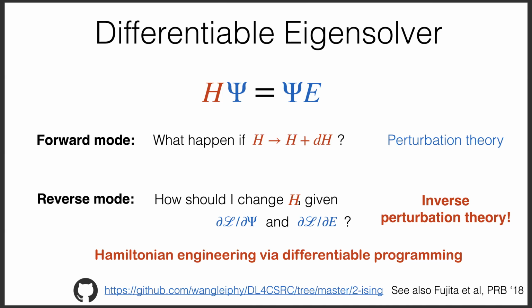Meaning, how should I change my Hamiltonian so I can tune the loss function? I call this inverse perturbation theory because clearly it's closely related, but it's not the same thing, because when you look into the formulas, they look like a dual version of ordinary perturbation theory. By doing it this way, you can use inverse perturbation theory to solve, for example, Hamiltonian engineering problems. I was designing the ground state density, but you can design, for example, the gap or certain other properties of the ground state wave function.